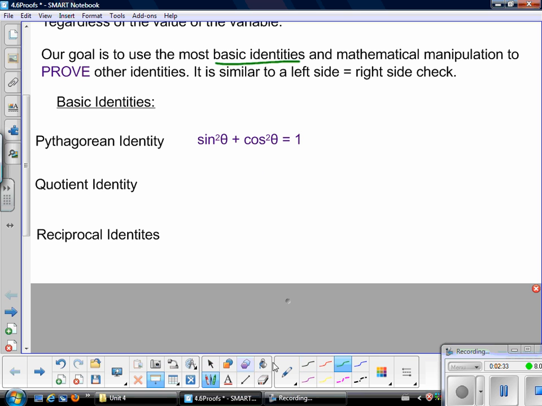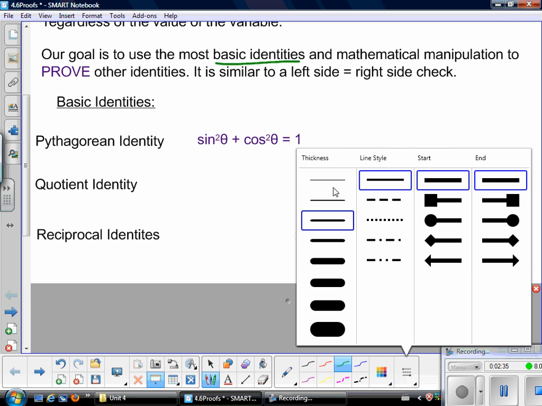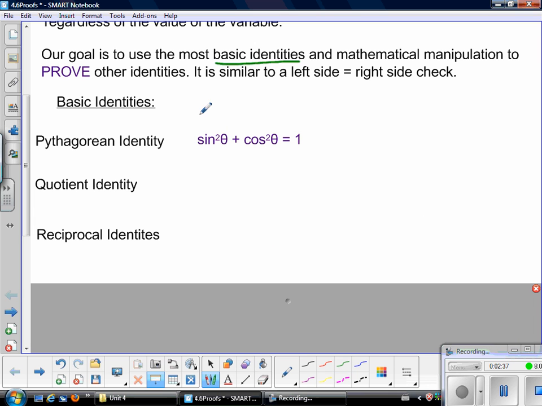And the way that we got that identity had to do with the unit circle. And remember, we drew a triangle, and we knew that sine was the same as y. So y squared plus cos is x squared equals 1. And that was based on that unit circle with, sorry, I can't seem to talk and draw today, with radius of 1, okay?